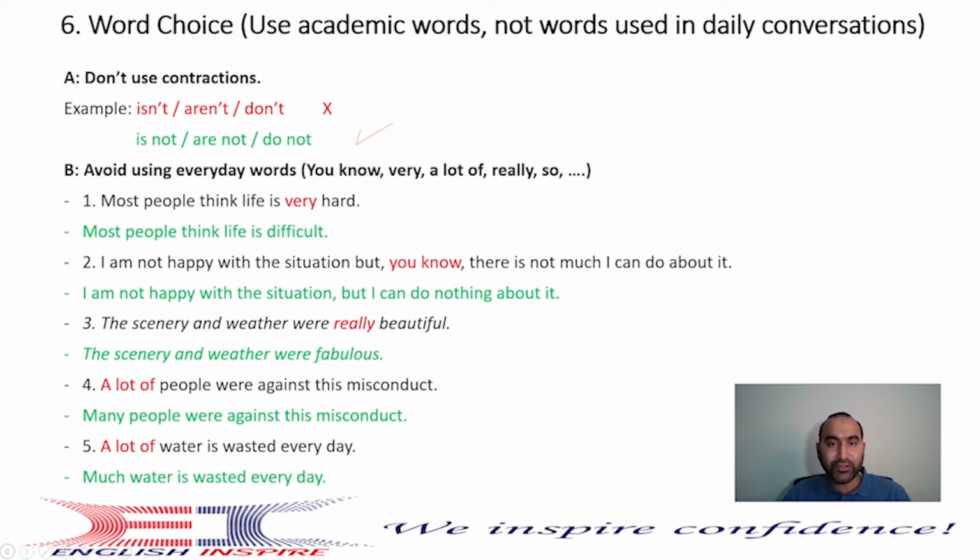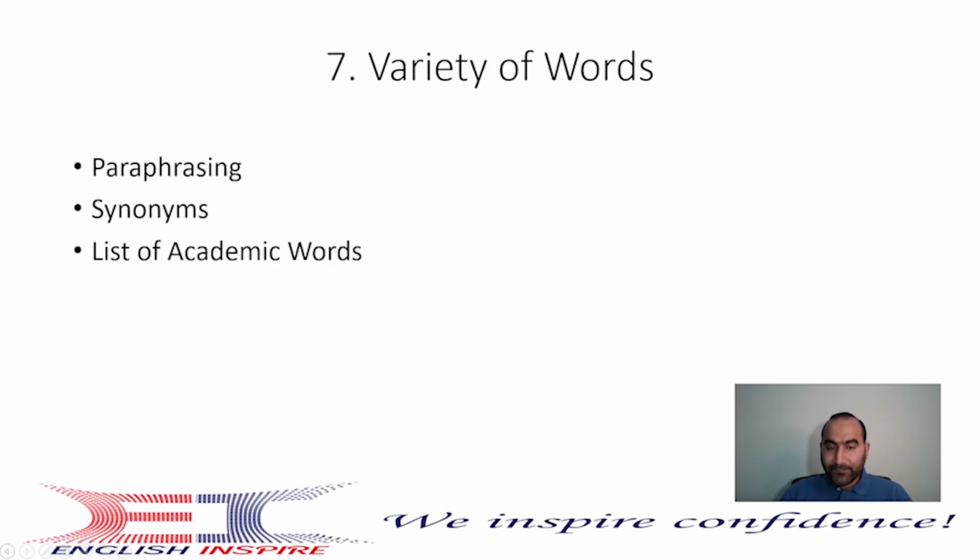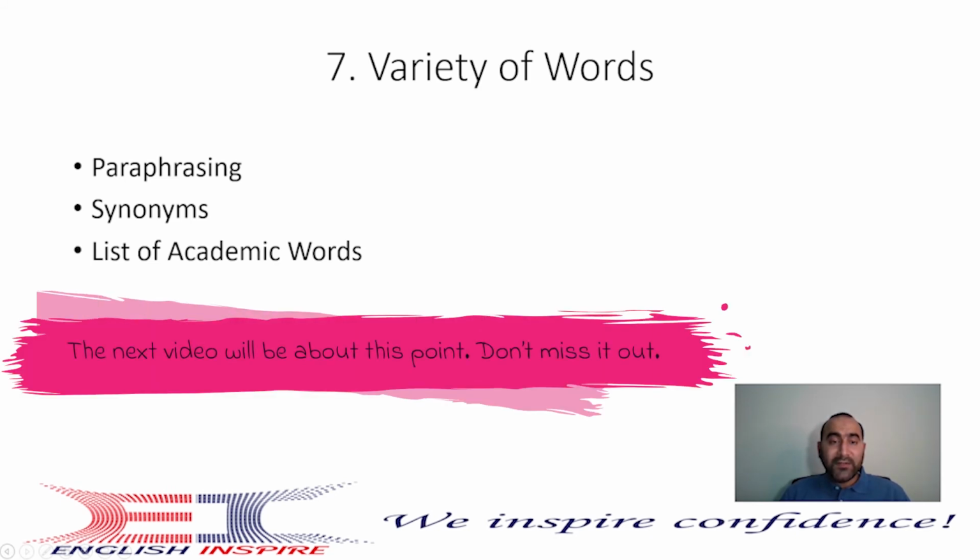Try to choose, try to pick, try to write the academic words and not the words that we use in our everyday conversations. Number 7, variety of words. This is the core of your academic writing. It includes paraphrasing. It includes giving synonyms for your words in your writing.